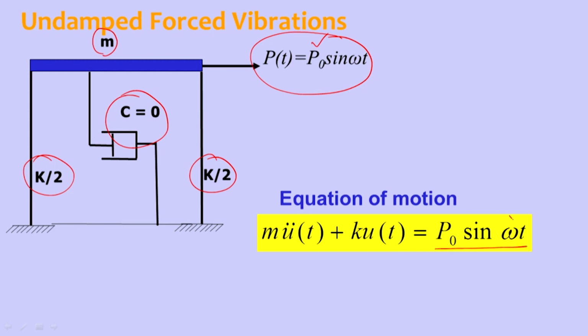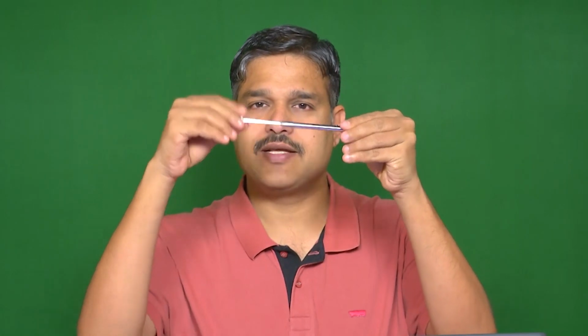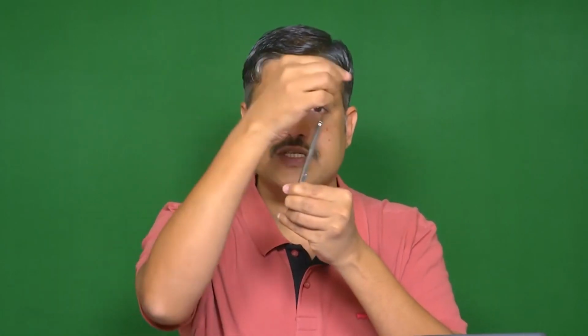Omega here is the forcing frequency, it is not the natural frequency, do not get confused. Natural frequency is a system property which depends on the mass and stiffness of the structure. Forcing frequency is the frequency at which the force is getting applied.